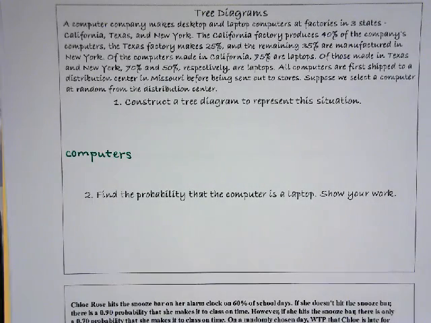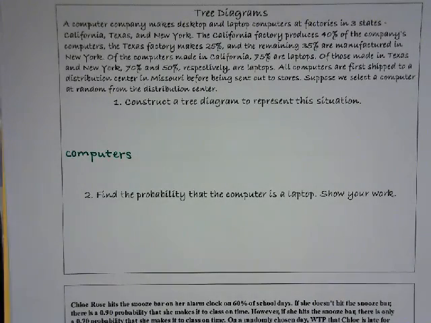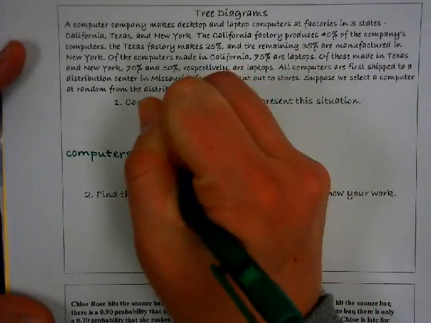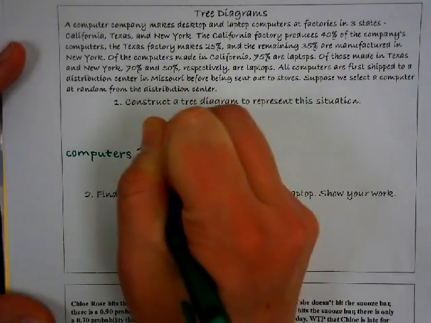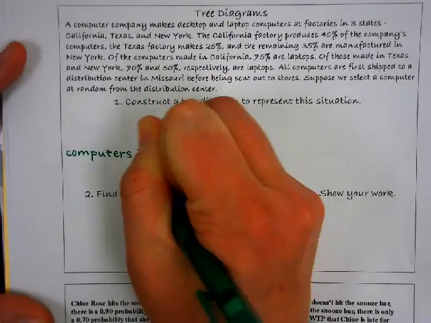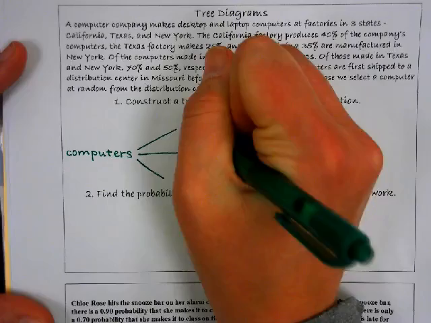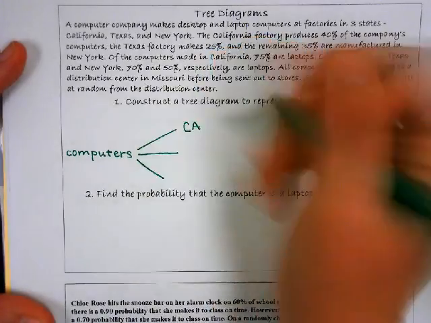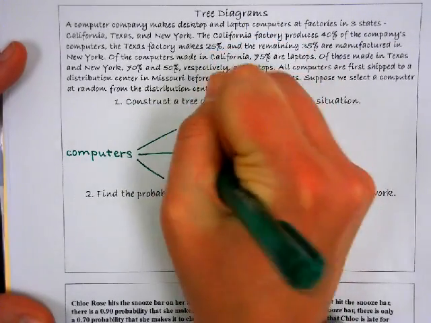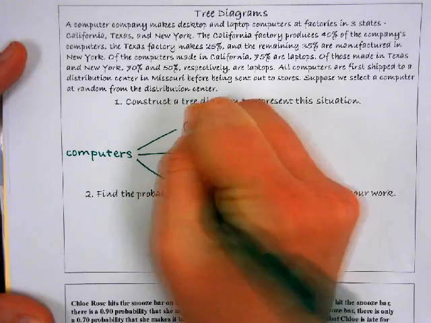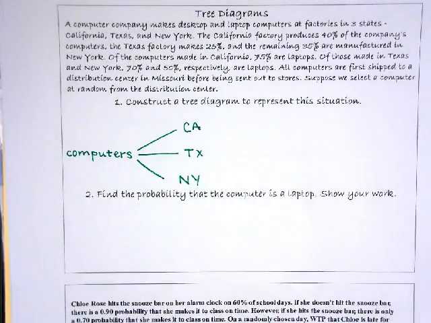So we have a computer company, and they make computers in factories in 3 states, California, Texas, and New York. We make our 3 branches from computers. Some are made in California, some are made in Texas, and some are in New York.